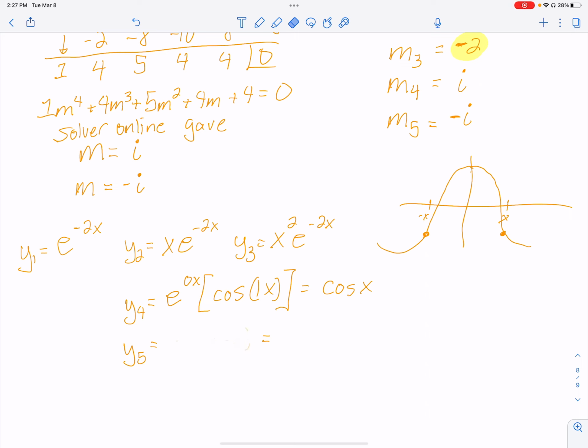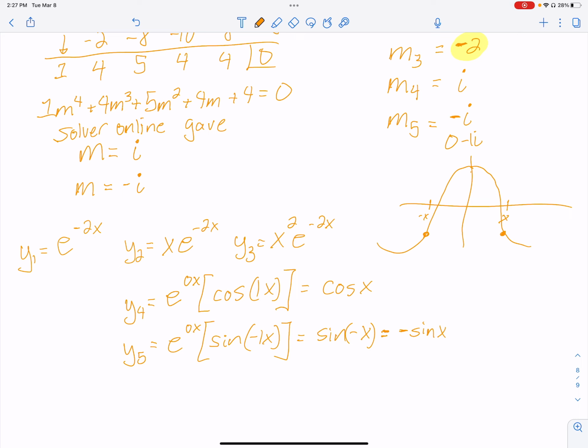Let's go back completely. M5 was 0 minus 1i. So we have e to the 0x, and then sine -1x. That just leaves me with sine of -x. The way sine of -x is we get negative sine x, if you don't remember this identity. You could have totally left it sine -x. That's perfectly fine.